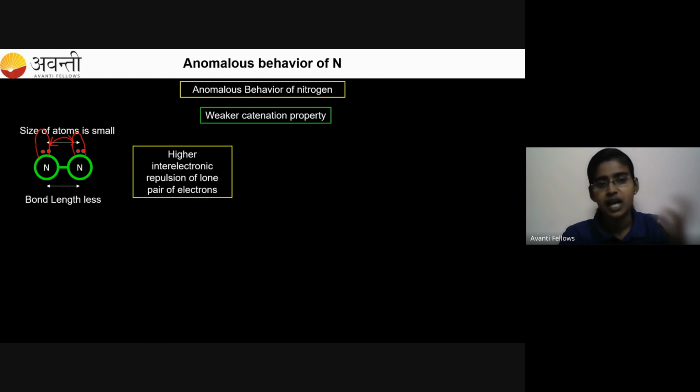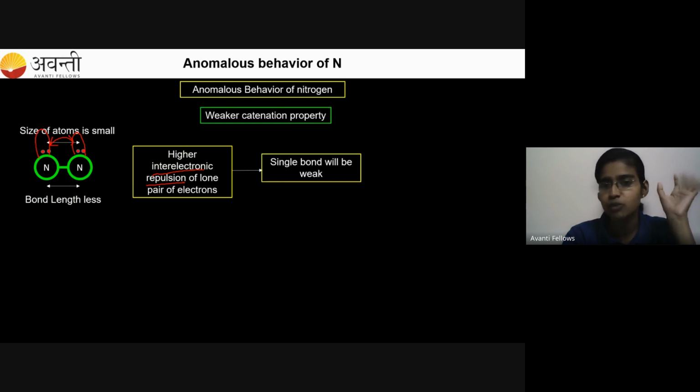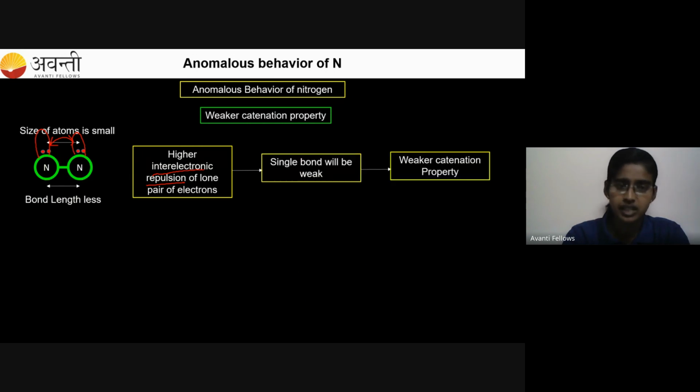Because of the higher inter-electronic repulsion, which is nothing but the lone pair repulsion, the single bond between nitrogen and nitrogen is very, very weak. That's why we say it has a very weak catenation property.